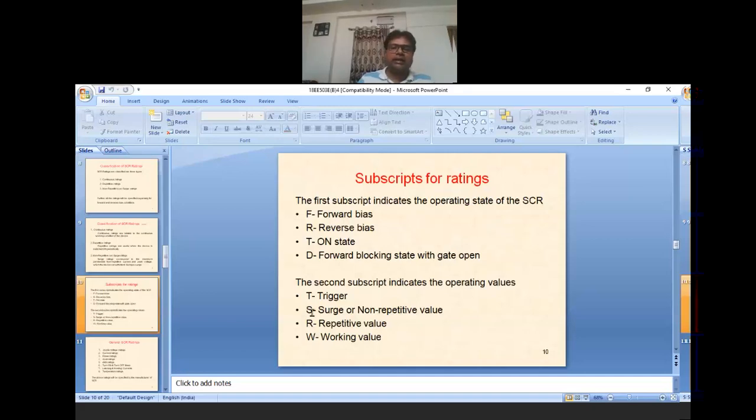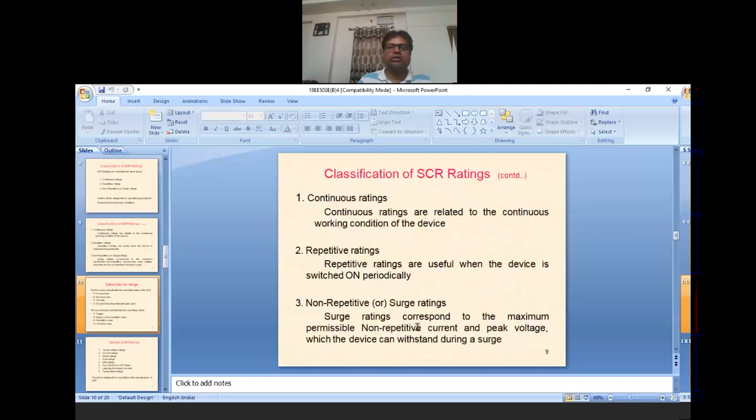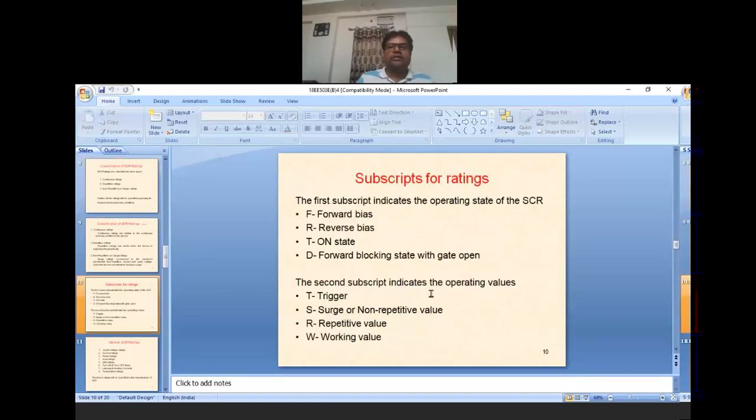T for trigger, S for surge or non-repetitive as we have discussed, R for repetitive, W for working value or nothing but your continuous rating. So if it is indicated as VFW, VFW means it is the working value of the voltage during forward biased condition.